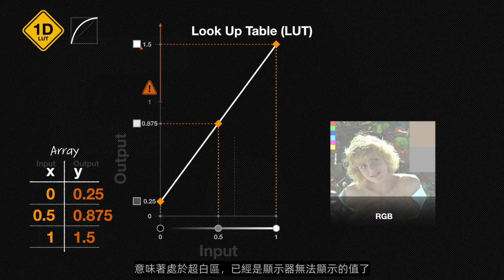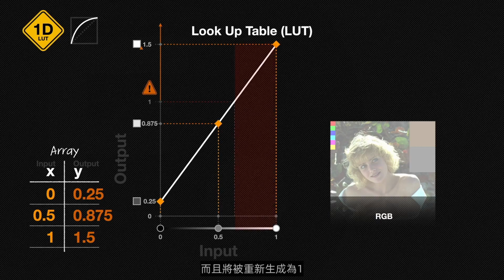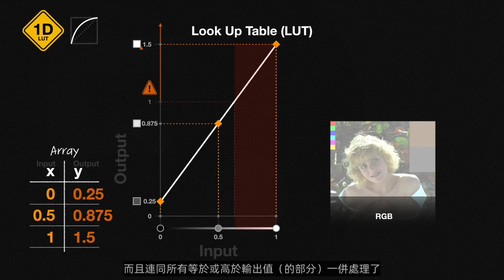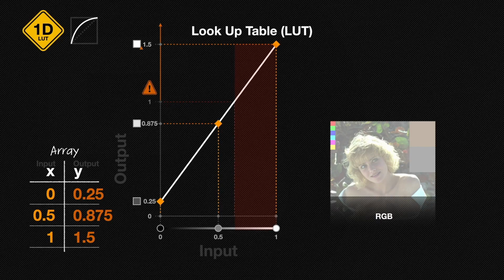The values my monitor cannot display, and they will be reproduced as just value 1, together with everything that is equal to or higher than the output value 1. Have a look at the resulting image: very bright, milky blacks, and the highlights displayed in your monitor as merely white. But we know there is data in those bright areas.